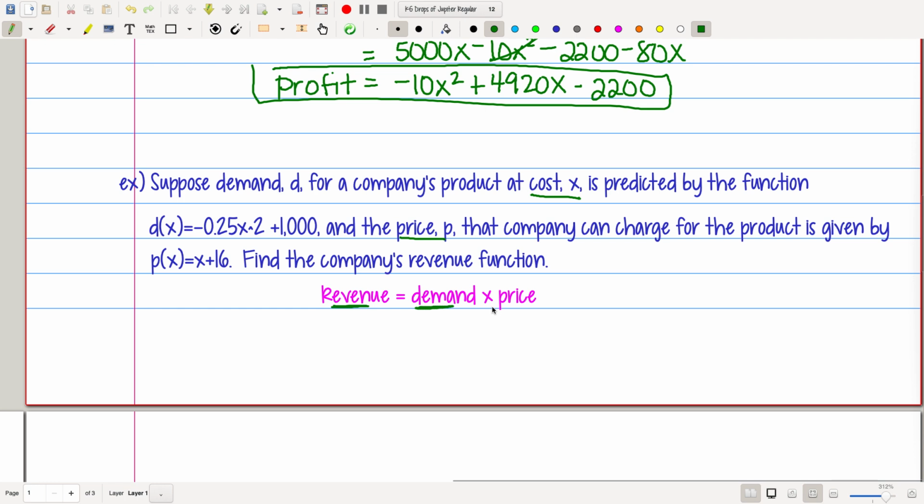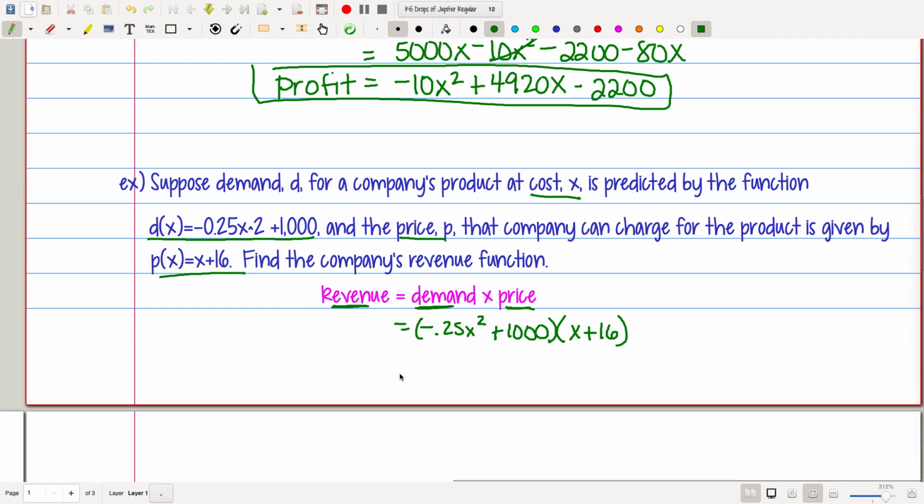Okay, so we want to find revenue. Revenue is the demand times the price. And they give me both of those. They give me the demand and the price. So all I need to do is multiply those. So I've got negative 0.25 x squared plus 1,000, and then times my price, which is x plus 16. So again, I just need to box those.